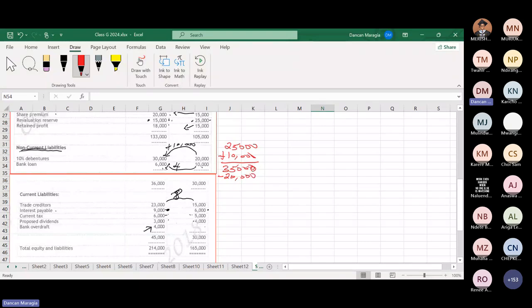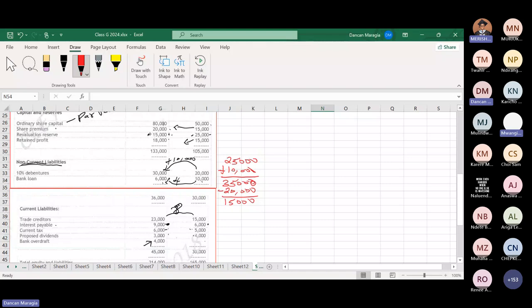So what should you remain with at the end of the year? 15 million. So what I was trying to illustrate is that the revaluation reserve reconciles itself, which tells us that other than revaluation of land, there was no other revaluation during the year.